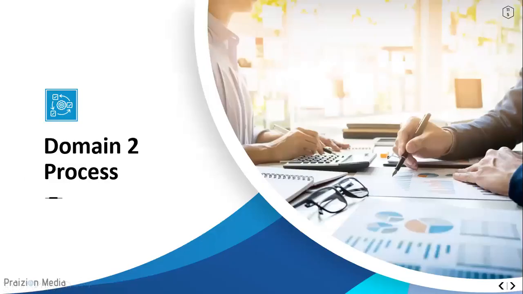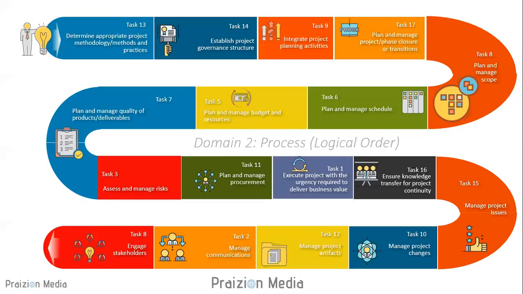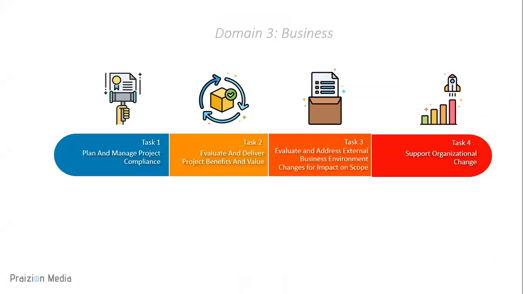And we also took a look at this table that I presented to you in the very beginning. And last but not least, we talked about the business domain. Again, in logical order for the most part. I would make a switch between 1 and 2, but that's it.